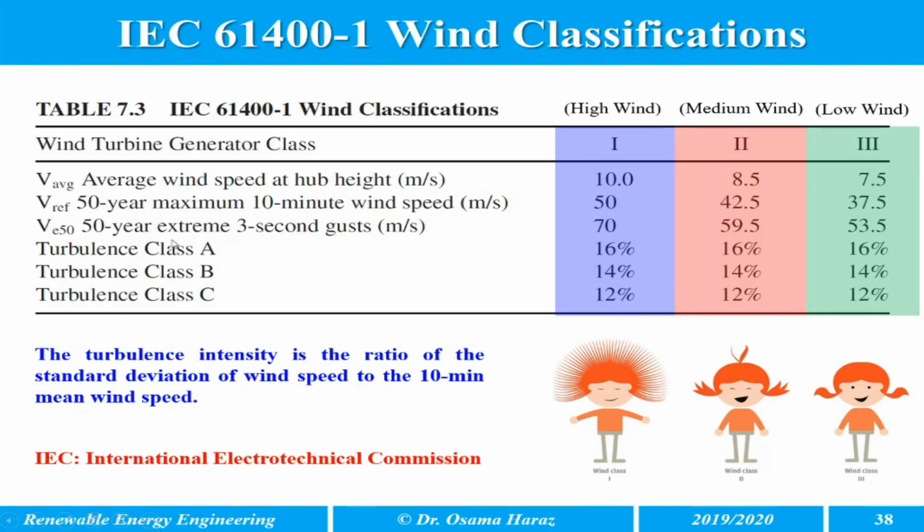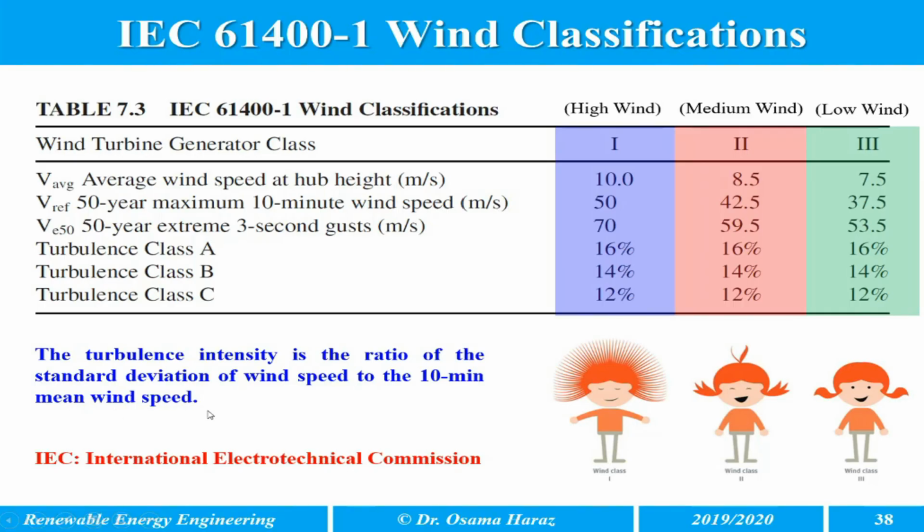For each wind turbine class, we have the average wind speed at hub height, the 50-year maximum 10-minute wind speed, 50-year extreme 3-second gusts, and the turbulence of class A, class B, class C percentage. The turbulence intensity is the ratio of the standard deviation of the wind speed to the 10-minute mean wind speed.